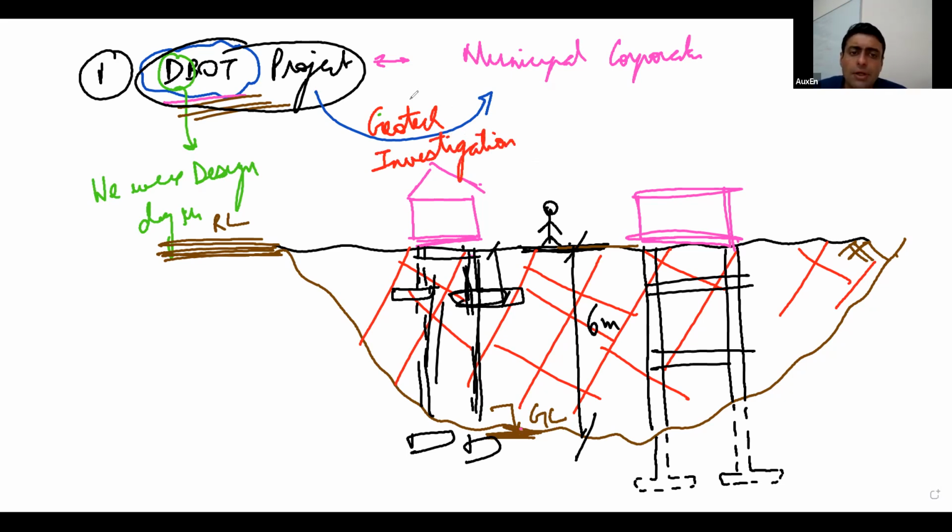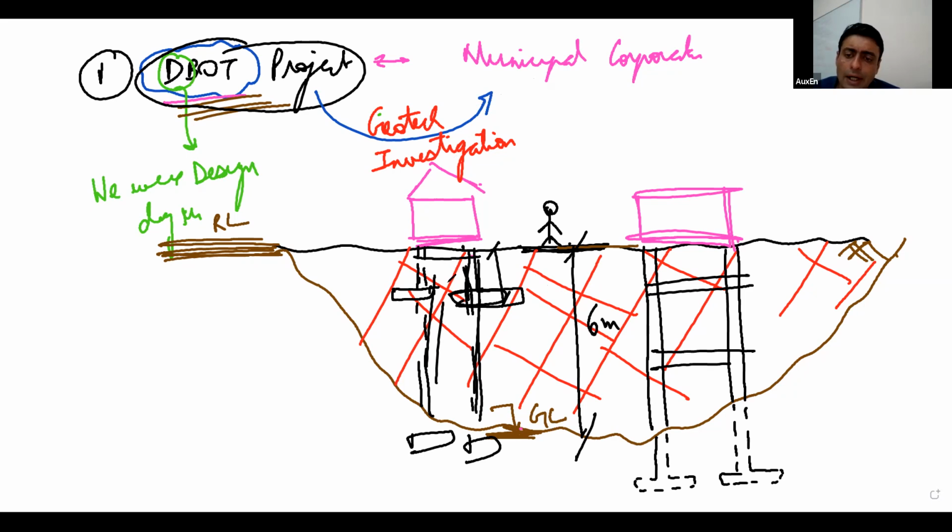Okay, so what was the mistake? Their mistake was, because they bid without doing the proper geotechnical investigations, they were left with a big surprise when they actually started their work, and everything just went out of place. Because their initial estimates of budget did not include this, this led to all problems. So whenever big projects are to be executed, and let us say as some agency you are going to bid for a project, let us say the BOT type of projects, you should always insist on geotechnical investigation reports first, isn't it?